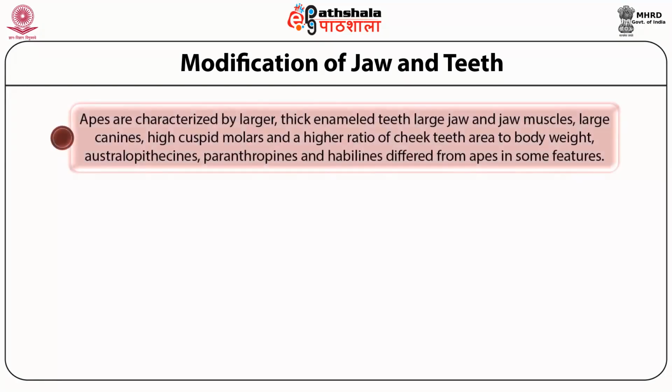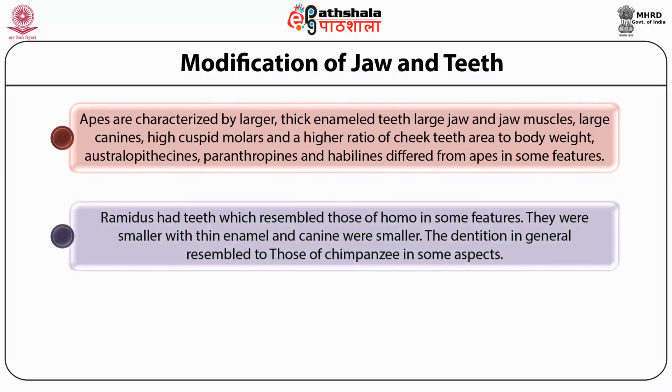Apes are characterized by large, thick-enamel teeth, heavy jaw and jaw muscle, large canines and high-curved molars, and a higher ratio of cheek teeth area to body weight compared to that of Australopithecus, Paranthropus, and Homo habilis. Australopithecus ramidus had teeth which resembled those of Homo in some features.